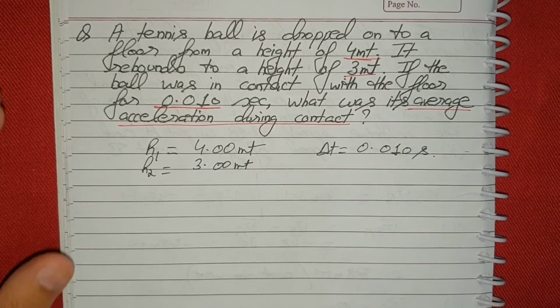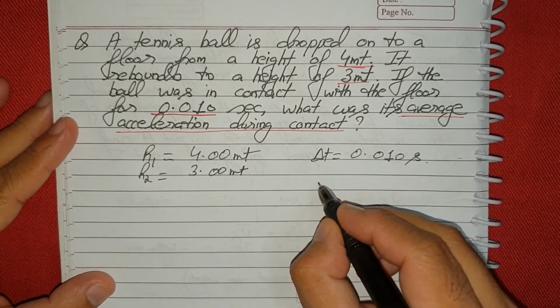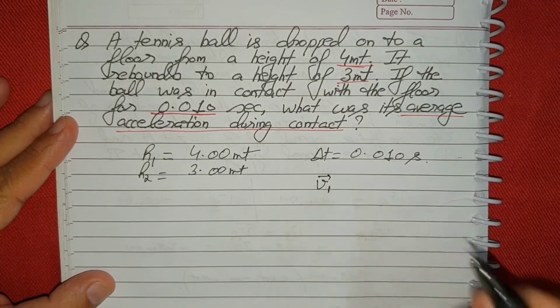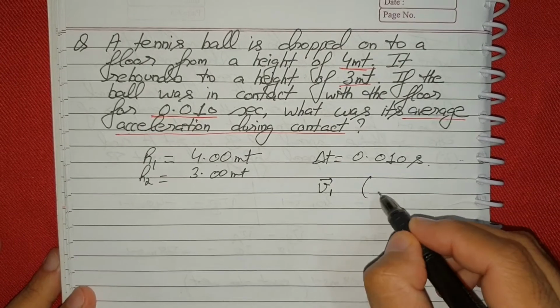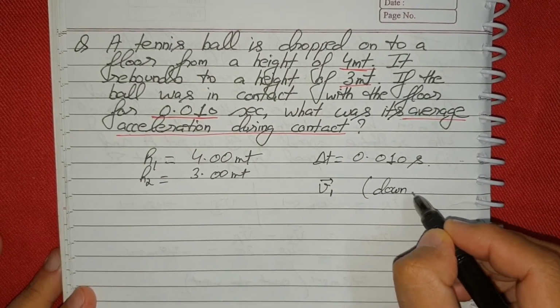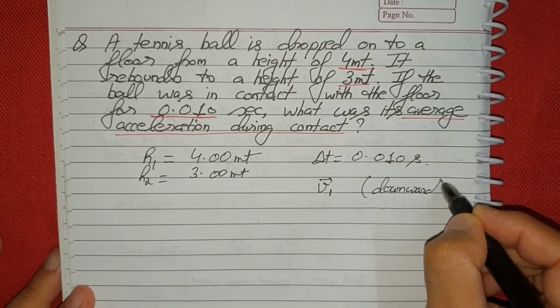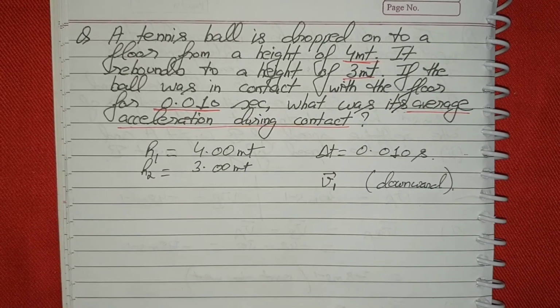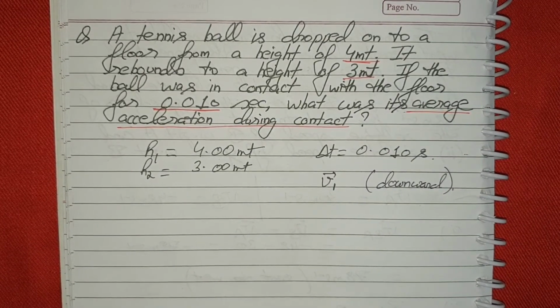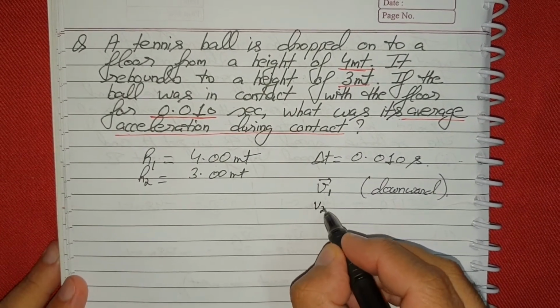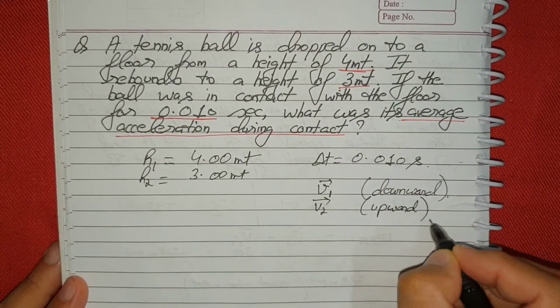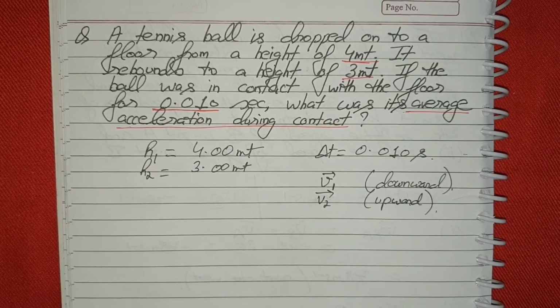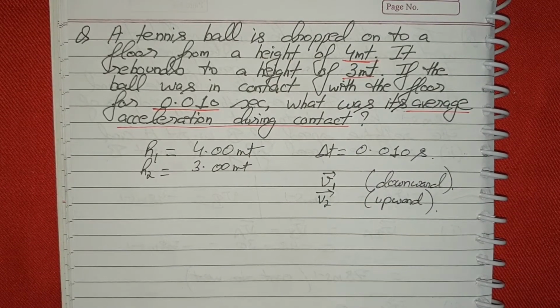Now let v1 be the velocity of the ball acting downward just before striking the floor, and v2 the velocity of the ball acting upward just after striking the floor.